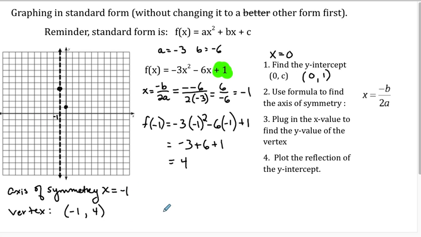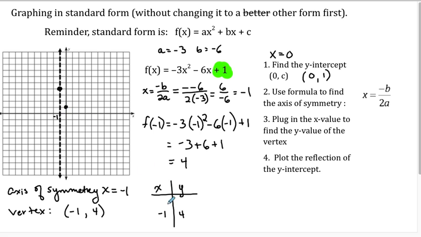Now I'm going to need to have a couple of other points on my table, right? My vertex will be sort of here in the middle, negative 1, 4. I'm going to need a point to the right and a point to the left. But I already have the y-intercept.